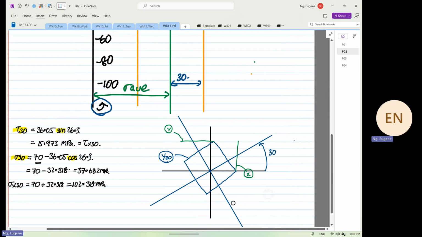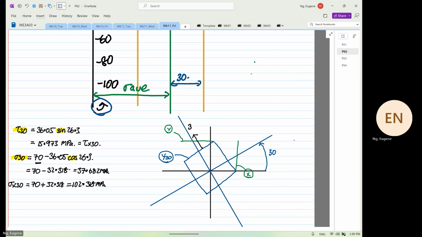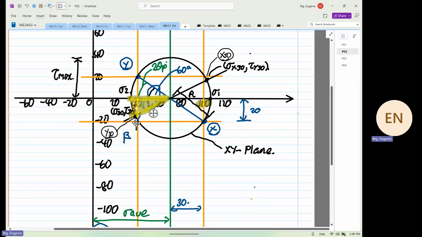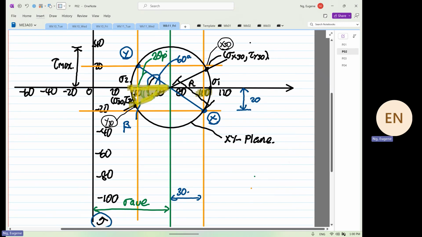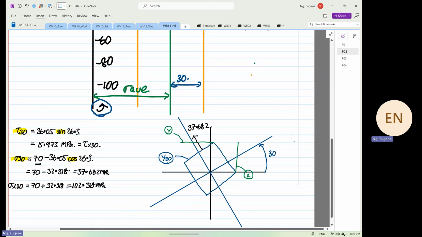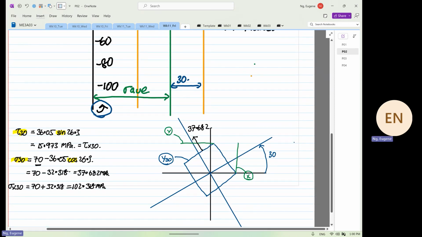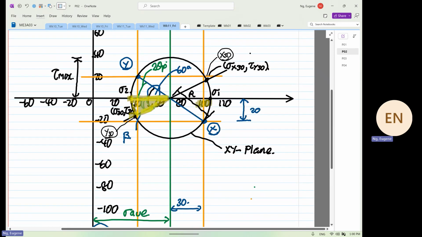The lower value is going to be in tensile, by 37 point what? 0.682, right? So this is your Y30 over here, and that value is 37.682.